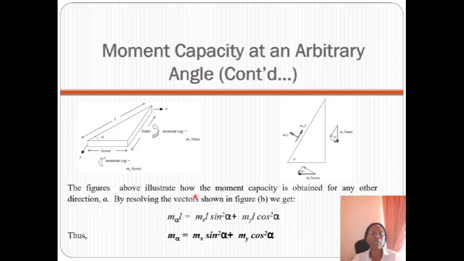The moment capacity also at an arbitrary angle. The figures above illustrate how the moment capacity is obtained for any other direction, alpha.